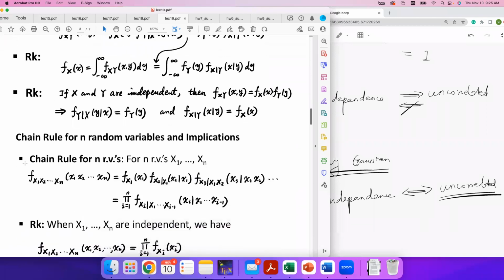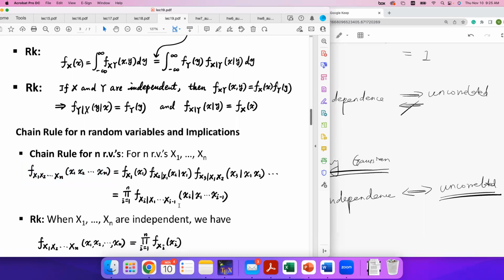And moreover, if we have the joint PDF over multiple random variables, we can follow this similar way to decompose this joint PDF into a product of a sequence of conditional PDFs. So we can start from the marginalized PDF of the first random variable, and multiply by f_{X2} given the first random variable X1.